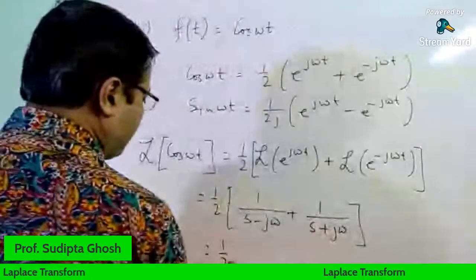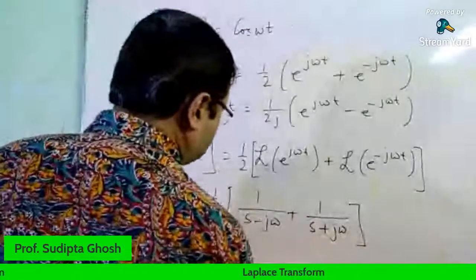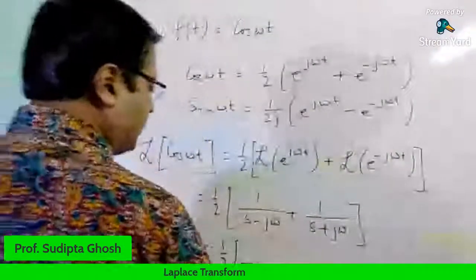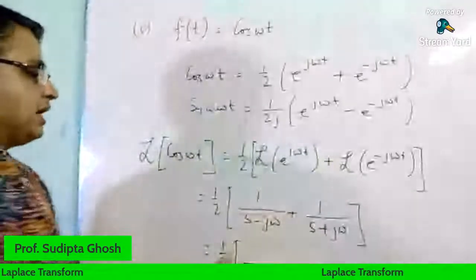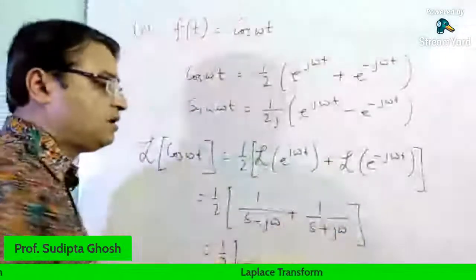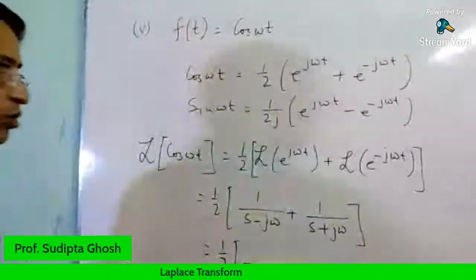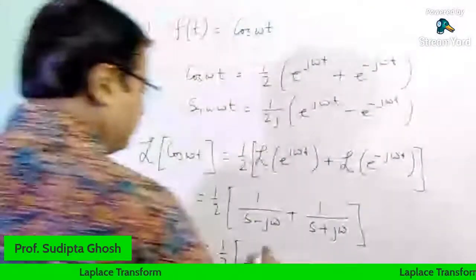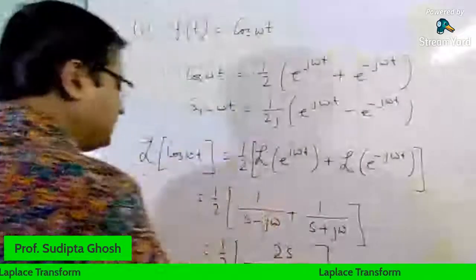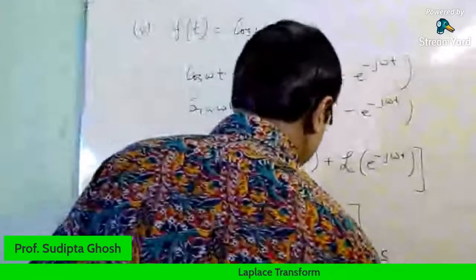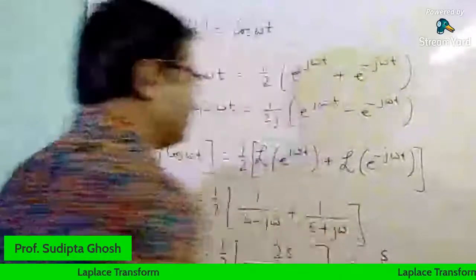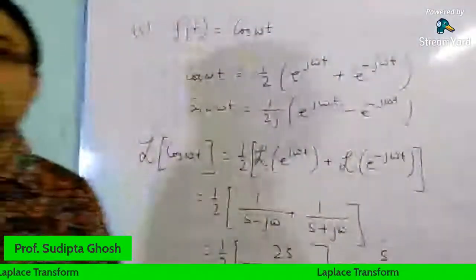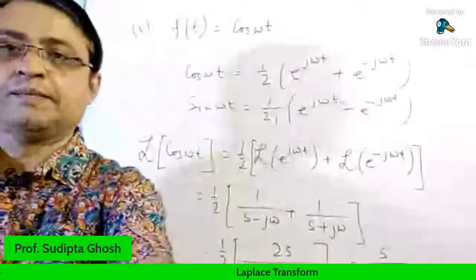Then simplifying it as s square minus j square omega square, so that is s square plus omega square. So the numerator becomes s plus j omega plus s minus j omega. That means we have twice s, and the value becomes s by s square plus omega square. So the Laplace transform of cos omega t.